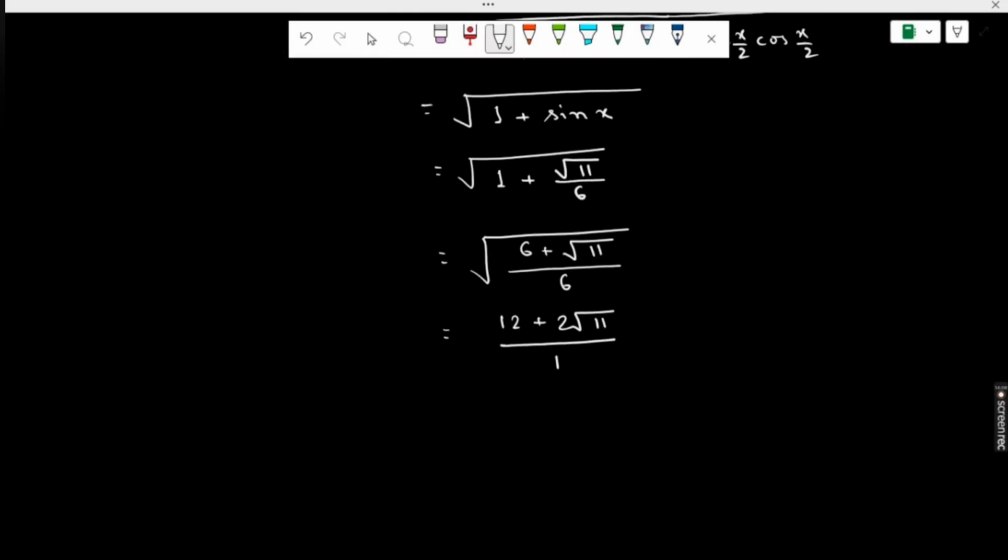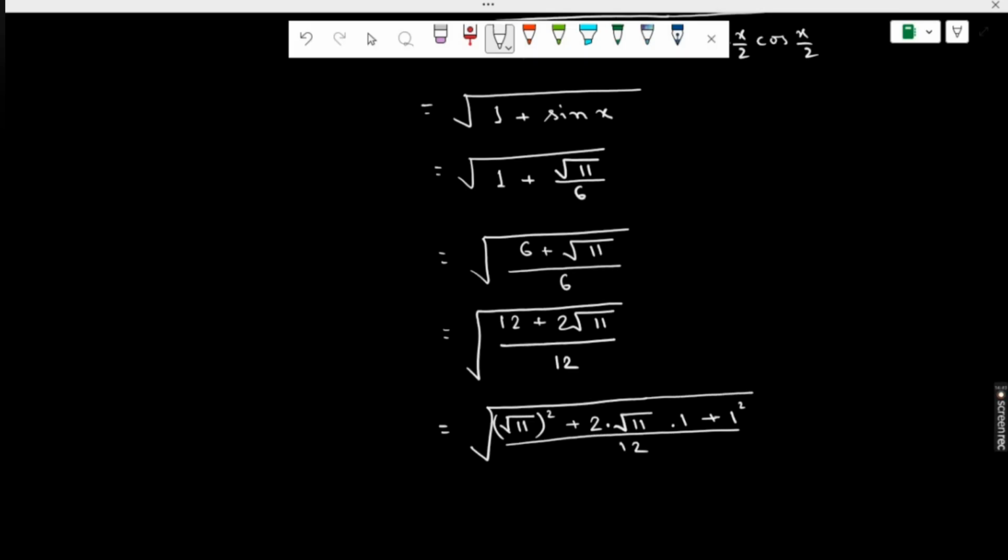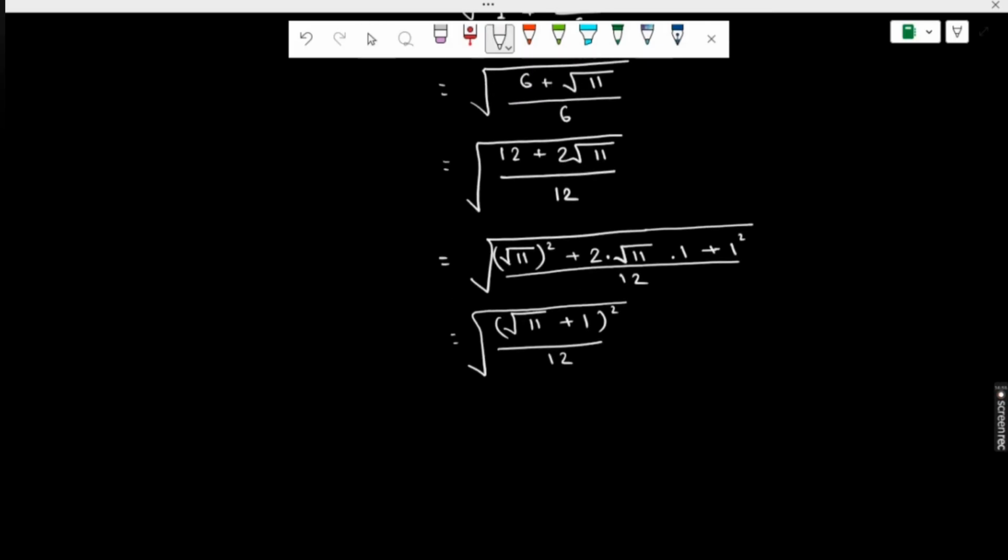So we multiply the numerator and denominator both by 2, and it becomes root over root 11 square plus 2 into root 11 into 1 plus 1 square. That means root 11 square plus 1 is 12 by 12, which equals root of root 11 plus 1 whole square by 12, which equals root 11 plus 1 by 2 root 3.